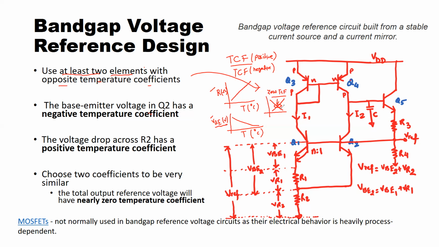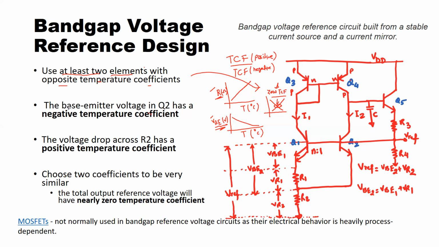It means the quantity, in our discussion a voltage reference, will have zero TCF. It means it is not varying much with respect to temperature, ideally. On the first order, we want that kind of circuit. So we will take advantage of elements such as resistors and PN junction diodes to construct this circuit.